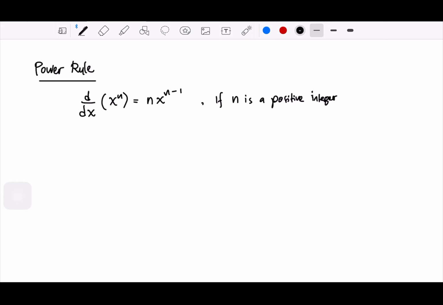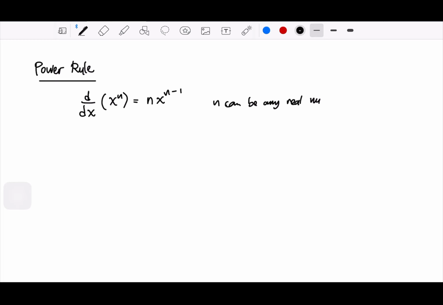There is some proof of this power rule, but I will let the proof come later. I will just give it to you. I will erase this because it makes some confusion, because actually n can be any real number.